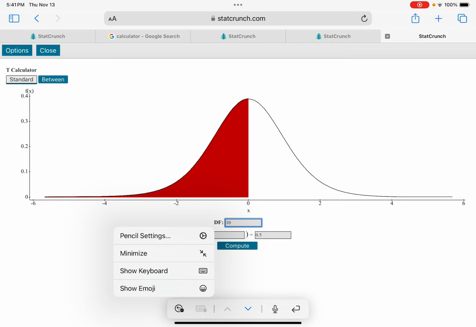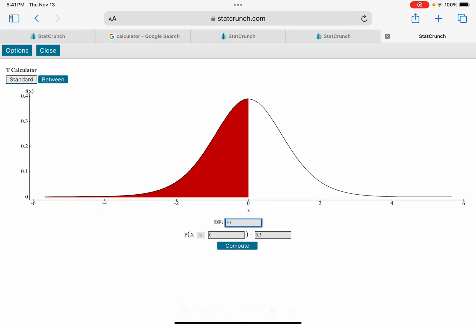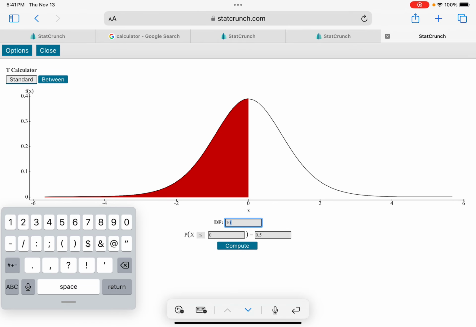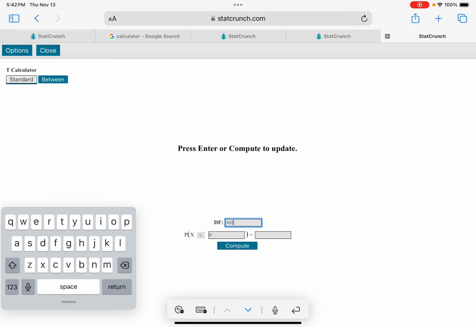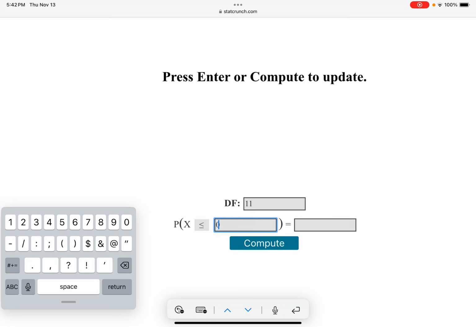So I'm going to change that to 11. Oops, 10 there. 11. And then, it's already left-tailed, so that's good for me. And then I'm just going to change this value to -3.33.